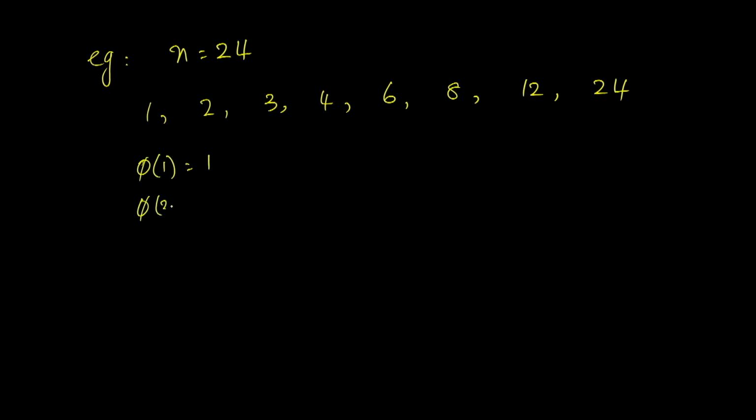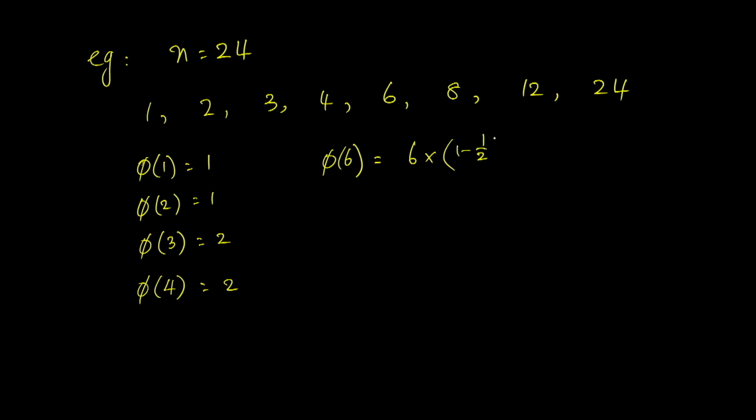For example, let us say n equals 24, then the divisors are 1, 2, 3, 4, 6, 8, 12 and 24. Phi of 1 is 1, phi of 2 is 1, phi of 3 is 2, phi of 4 is 2. Now, phi of 6 using the formula would be 6 multiplied by 1 minus 1 by p for every prime. So, 2 and 3 are the primes which go in 6.